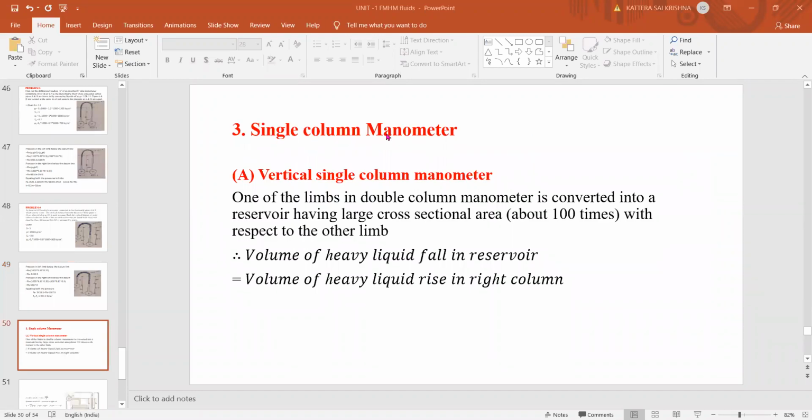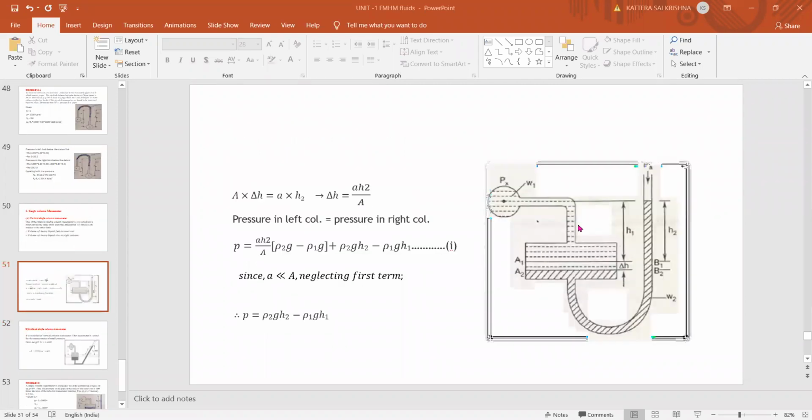Single column manometer. Under that again we have two: one is the vertical single column manometer, one is the inclined single column manometer. The figure looks like this.